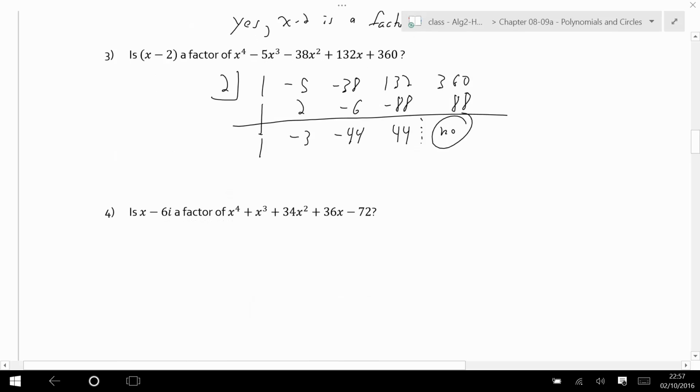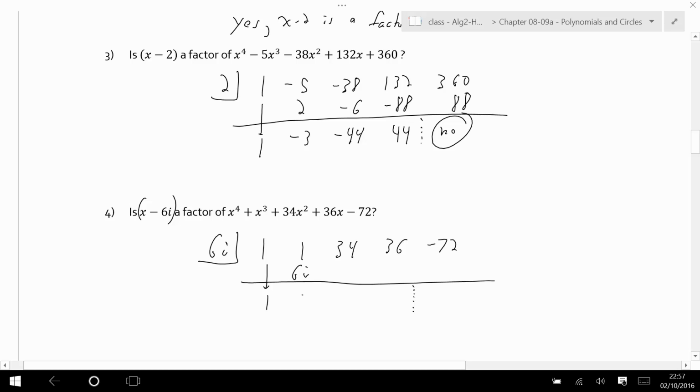Ooh, i's. Don't freak out here. We can do the same thing. So if x minus 6i is a factor, that means that 6i is a root. So I'm going to plug that into the pocket, and 1, 34, 36, negative 72. Set up my synthetic division with my little remainder box here, and 1, 6i.